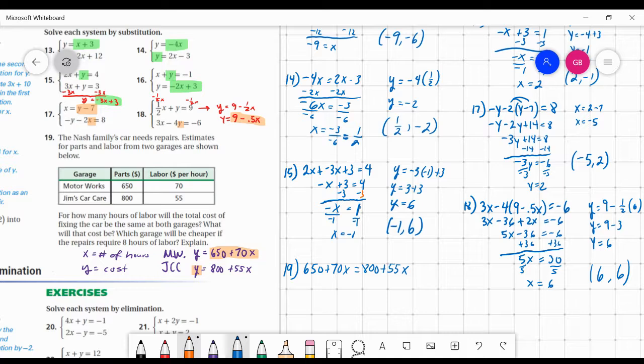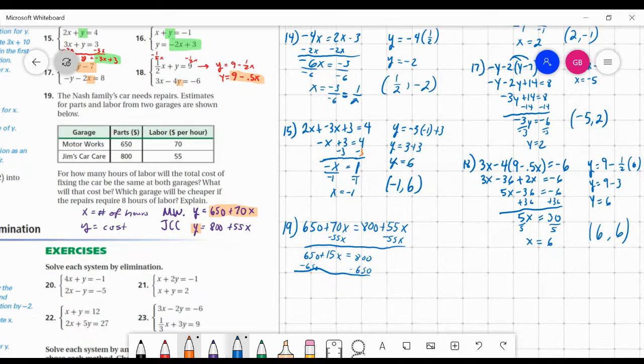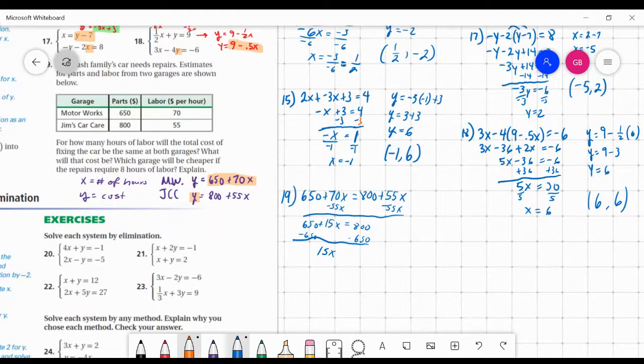Okay, first I'm going to subtract 55x from both sides. Then I'm going to subtract 650 from both sides. So 15x is 150. And then I'm going to divide by 15. So x is equal to 10.